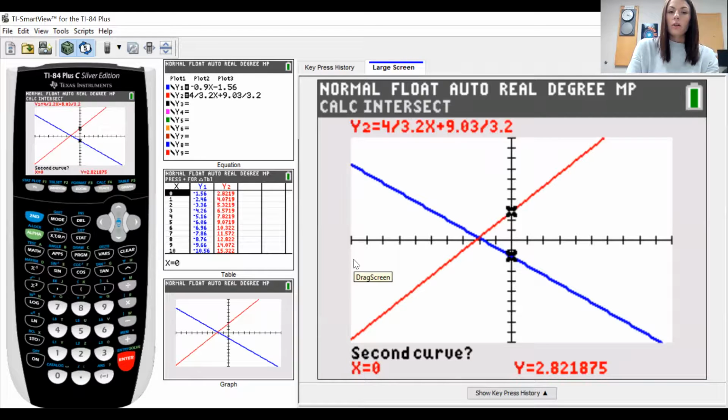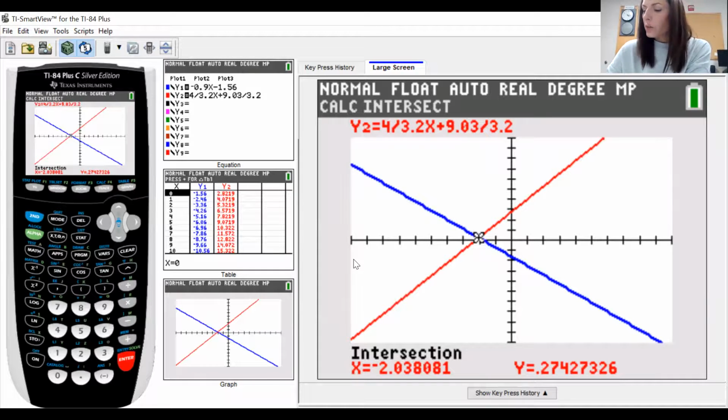And I go enter, enter, enter. And we're going to round, it says round to the hundredths place. So I'm going to write my answer here is negative 2.04 rounding and 0.27. I don't have to round that one up. Okay, and there's my solution for that first system that we're looking at.